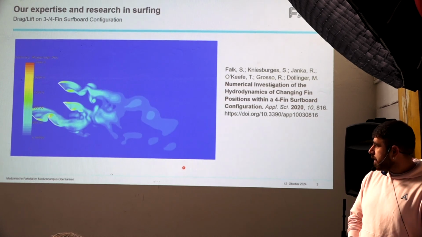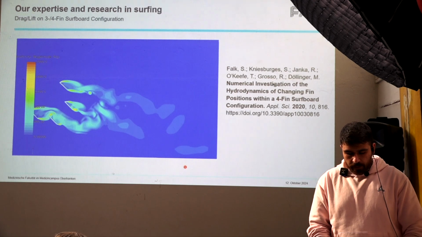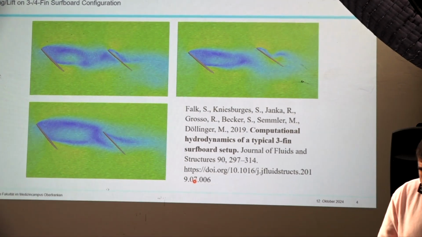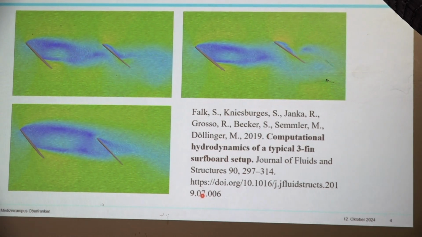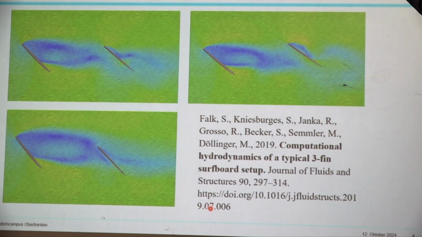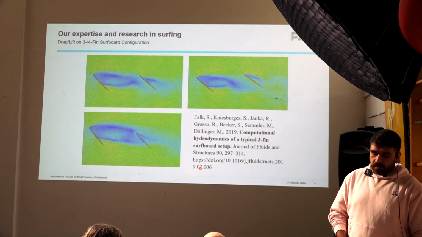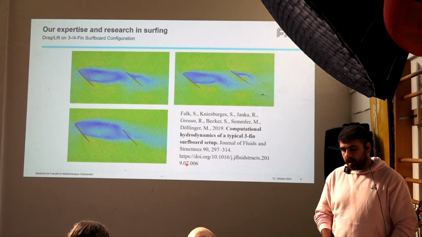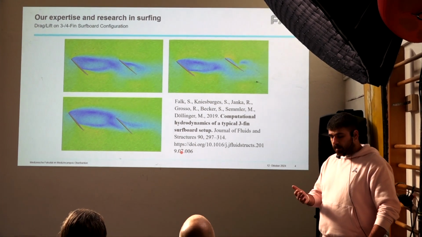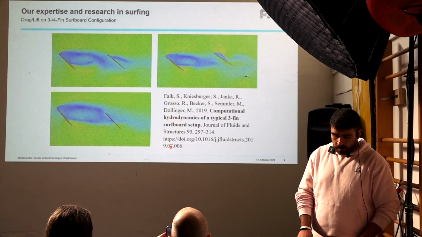This was published back in 2020 by a former colleague of mine, and 1 year earlier, in 2019, we also investigated the same thing, looking at a 3-fin configuration. Here you can clearly see the significant differences in flow behavior at various angles of attack. If you are interested, read the papers and reach out to us if you have any questions.